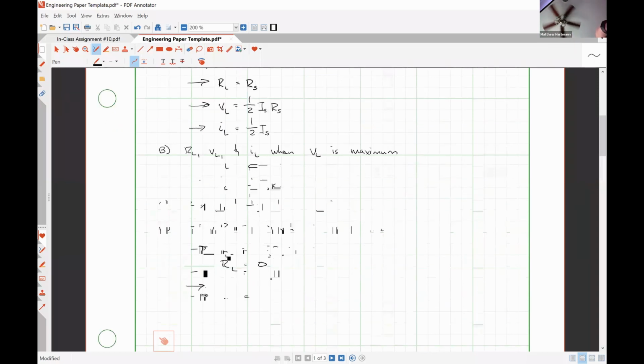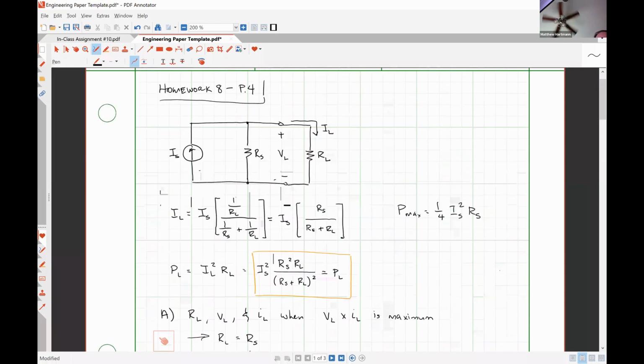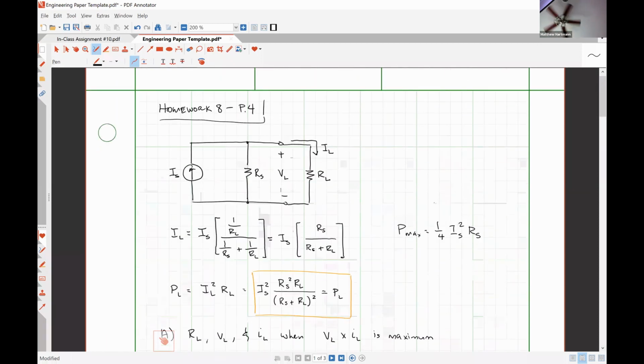So what value will VL have when RL is 0? So if this RL resistor here on the right-hand side is a short circuit, then VL represents the voltage drop over a short circuit, which must be what? 0 volts.